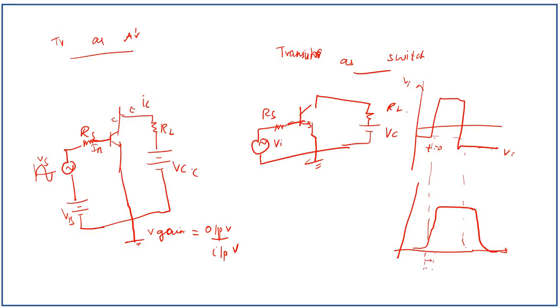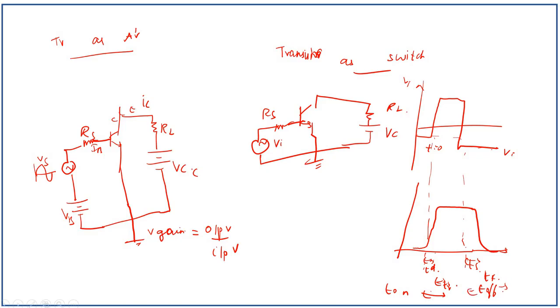This is TD, delay time, TR rise time, T on time, storage time TS. Next we have TF the fall time and T off the off time.